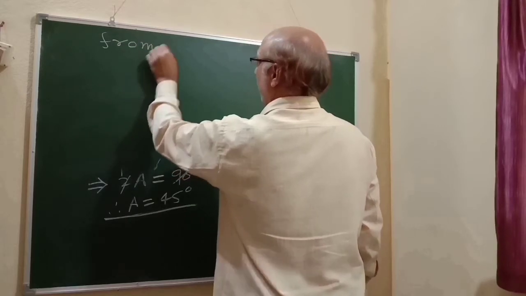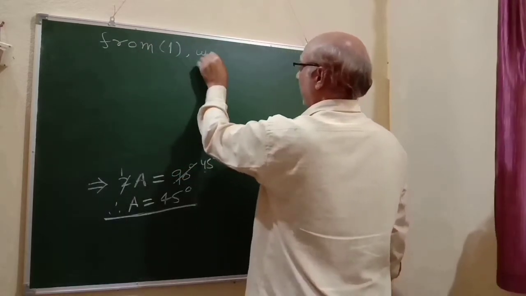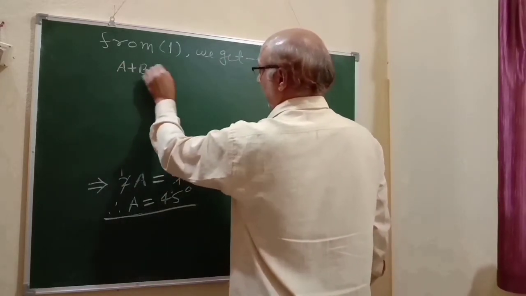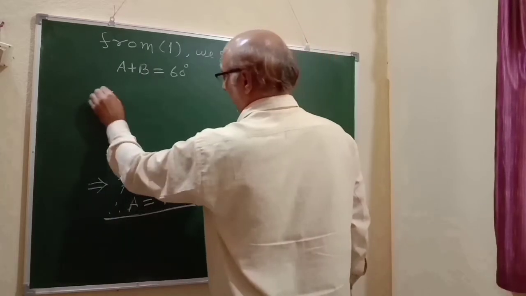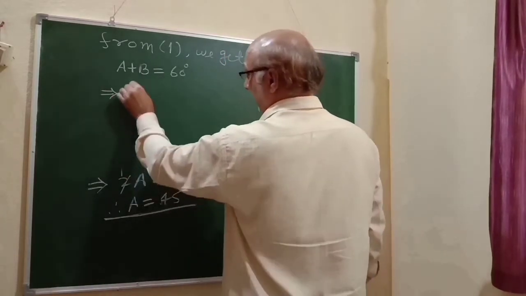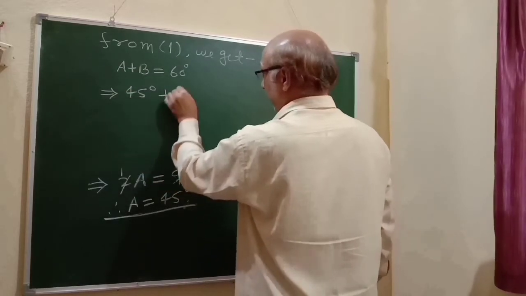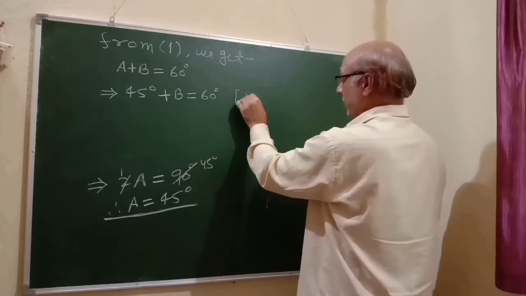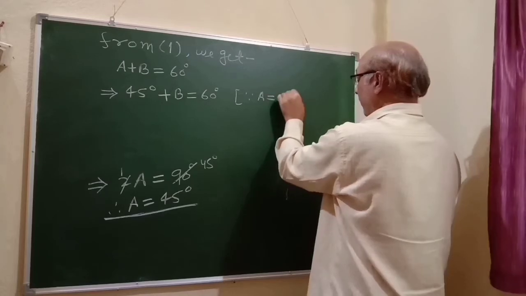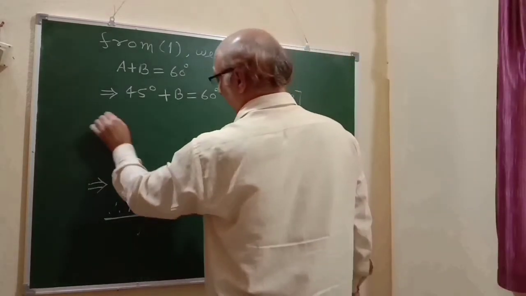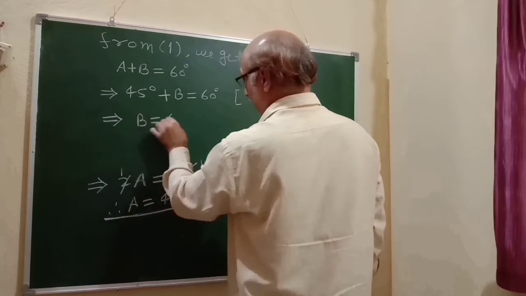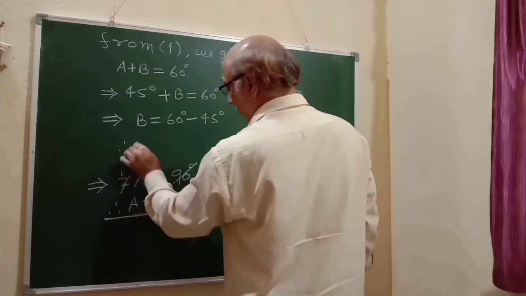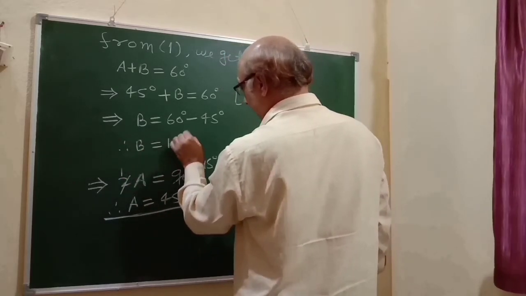From 1 we get a plus b equal to 60 degree, which implies that 45 degree plus b equals 60 degree, since a equals 45 degree. This implies that b is equal to 60 degree minus 45 degree, so b is equal to 15 degree.